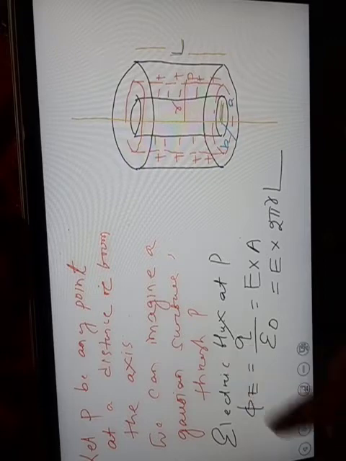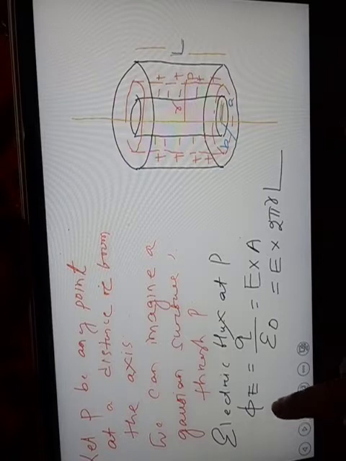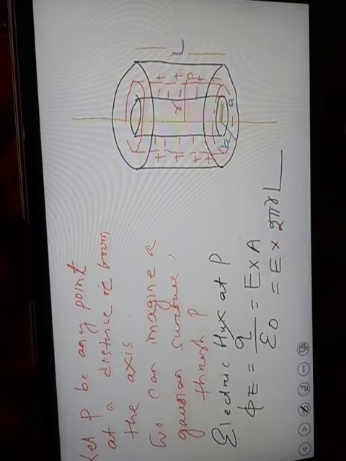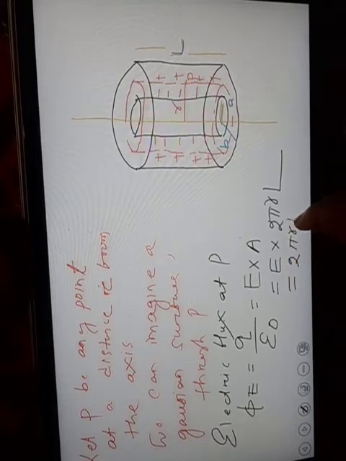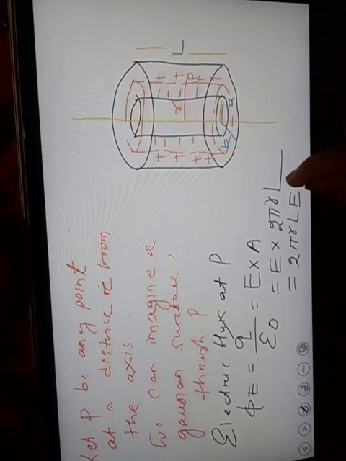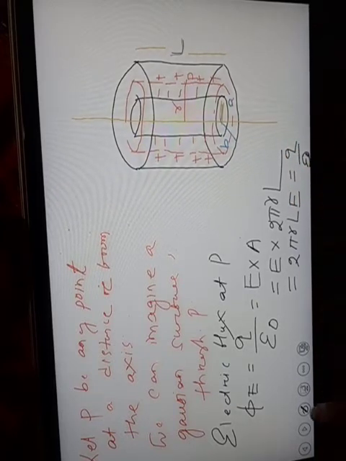We can imagine a Gaussian surface through the point P, and the electric flux is phi equals Q by epsilon 0, as all of you know, which equals E times the area, E into 2 pi r L. So E times 2 pi r L is equal to Q by epsilon 0, right?